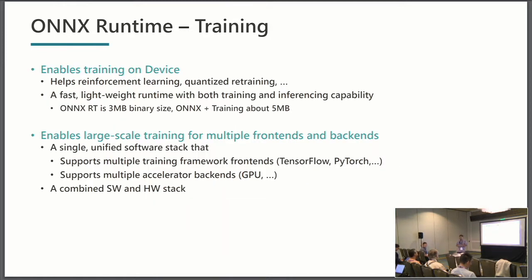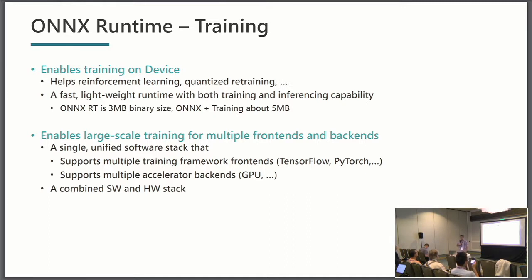For training, the purpose is, first, it enables training on device. It helps reinforcement learning and quantized retraining. I think people probably know that when you quantize a model, you will probably lose accuracy, so sometimes you need to retrain again.